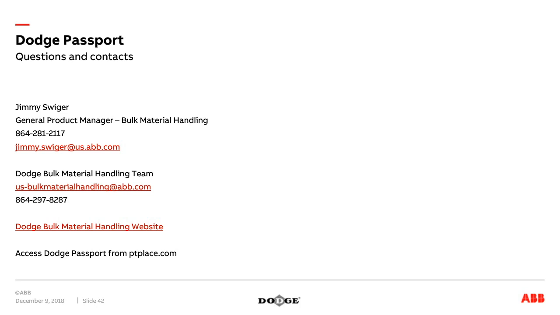Great, thanks. Okay, and our next question, what are the design capabilities for Passport versus one that I would utilize the bulk material handling team? Yeah, I think one of the easiest ways to think about it is with Passport, applications at 800 PIW or below is where you'd use Passport. 3,500 tons per hour design capacity and below, you'd use Passport. 60-inch belt widths, standard belt widths, and below, you'd use Passport.